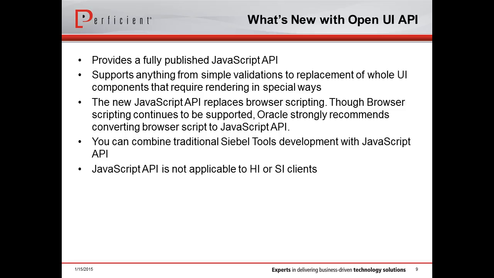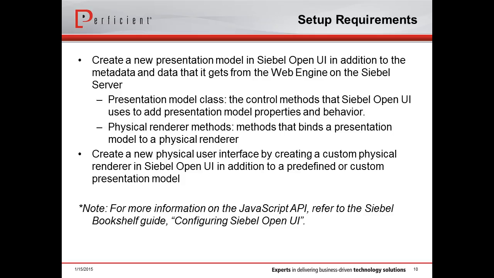So even if you're on 8.1.1.1 and above, you can still deploy the traditional look and feel of Siebel, the high interactivity client, either instead of OpenUI or alongside the OpenUI application. So you're able to deploy both versions. The JavaScript API is only relevant to your OpenUI versions of Siebel deployment.